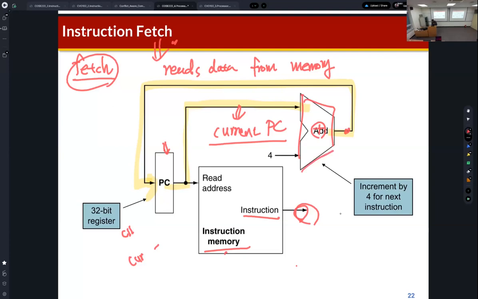This is the current PC plus 4. Okay, because you can find the 4 here, and this is an adder. So the output of this adder is the current PC plus 4. And as you can see, this value is for the next instruction.